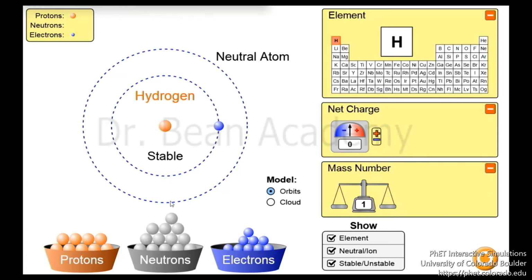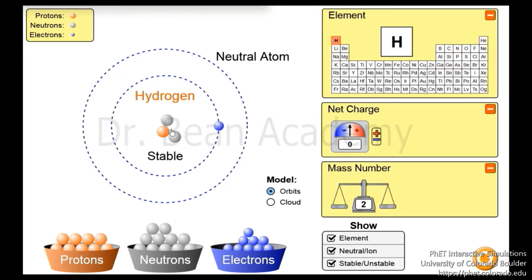Now I want you to observe one more thing. When I add one neutron, it is still a stable neutral hydrogen atom, because we know neutrons have no charge. But then what is the difference? If there is no neutron, it is still hydrogen. If I add one neutron, it is still hydrogen.